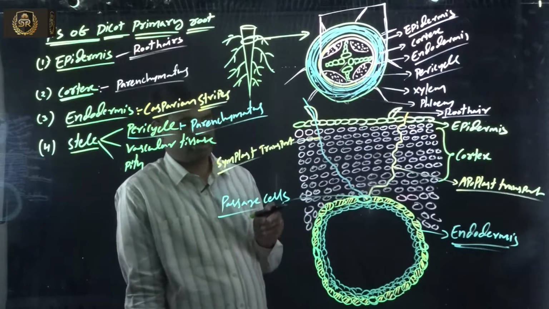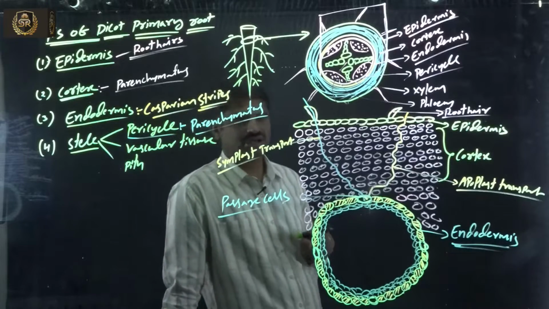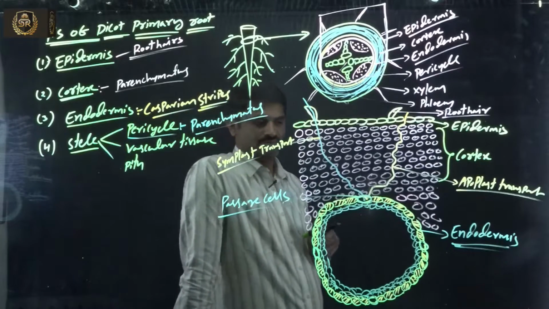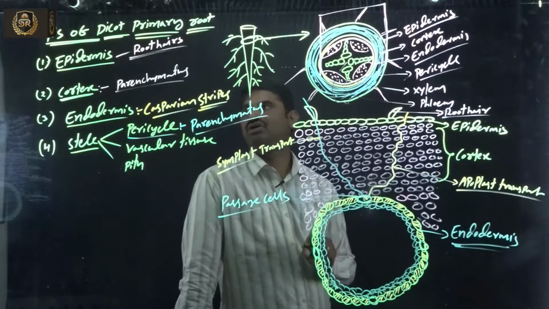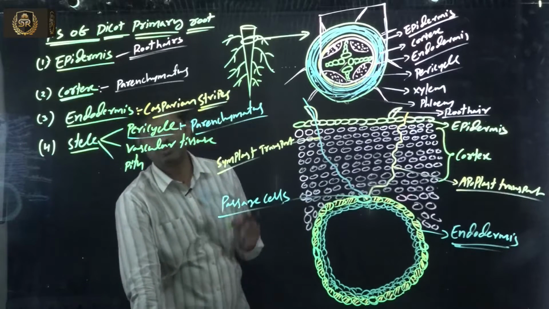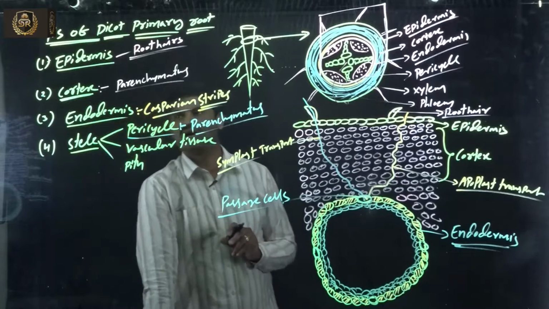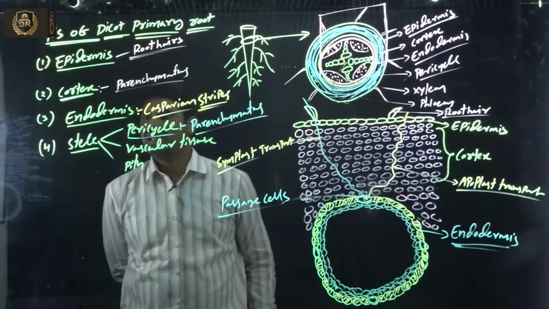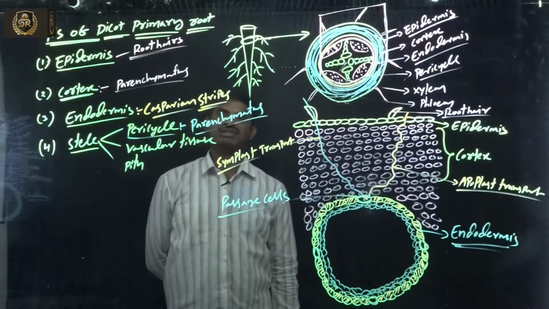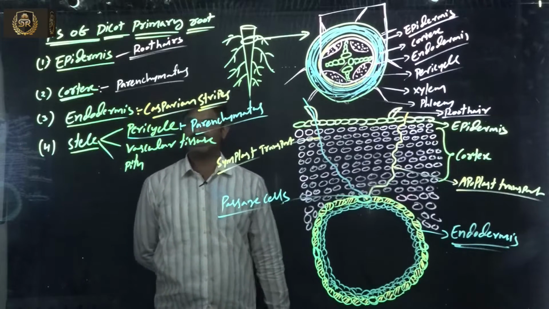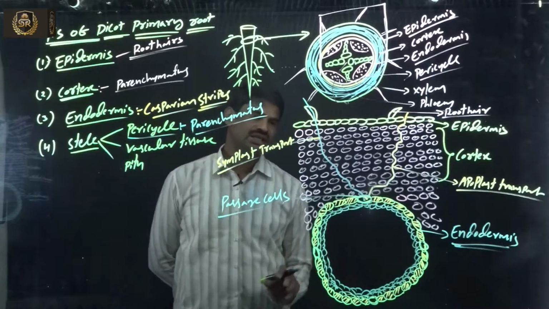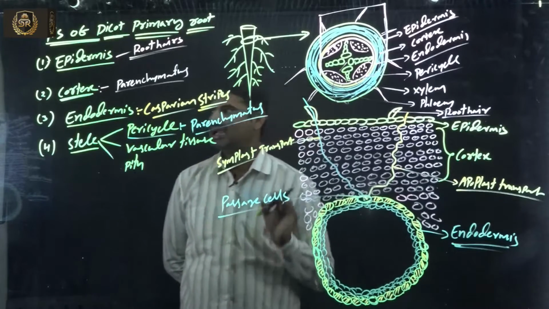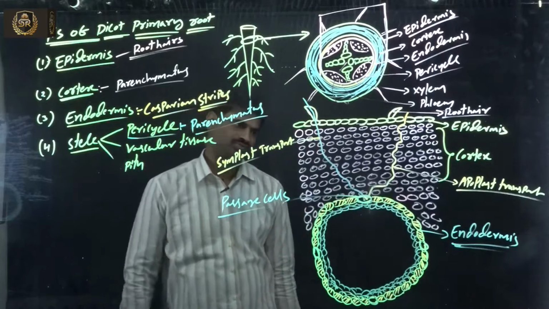That is the function of the pericycle. The first part of the stele is called the pericycle, located below the endodermis and above the vascular tissue.